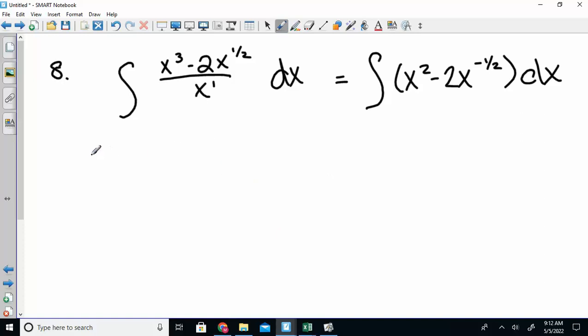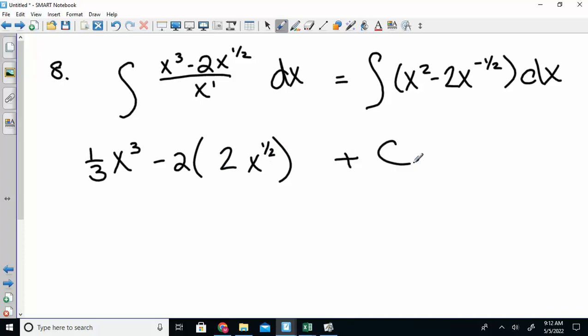And then we don't even need substitution. So the antiderivative of x squared is 1/3 x cubed minus 2. Okay, x is negative 1/2. If you add 1, that's a 1/2. So you need a 2 in front. We don't have limits, so plus c.